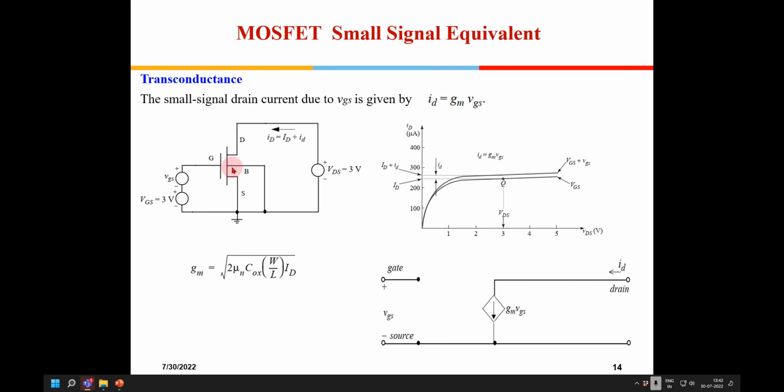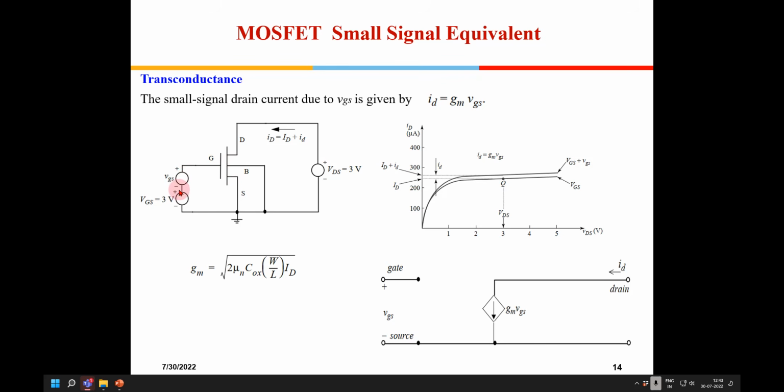This is the MOSFET, and suppose I am using it as an amplifier. I can't give 0 to 1 millivolt to minus 1 millivolt. It will not get switched on at all, because say 0.6 is the threshold voltage. If I give a 1 millivolt signal, it will not be switched on.